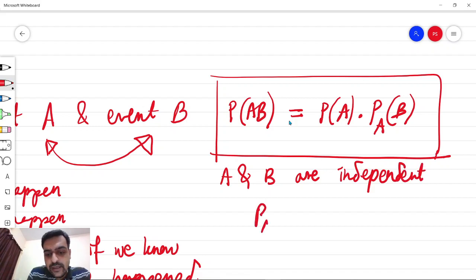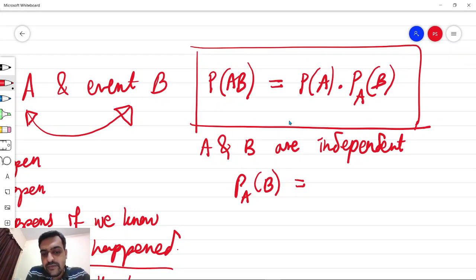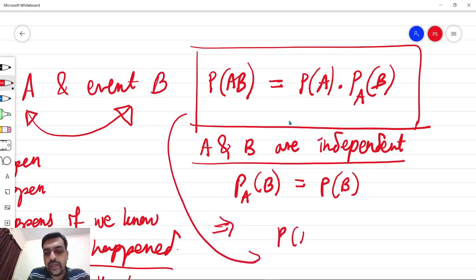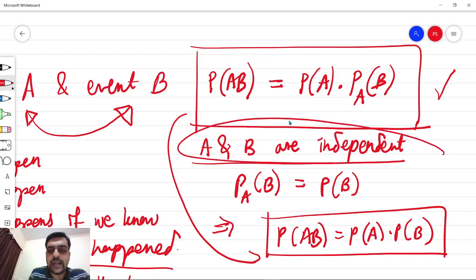In that case, P of B is not affected at all by the happening of event A. So in such case, when A and B are independent, P of B with subscript A is same as just P of B. In that case, this equation gets simplified to P of AB equal to P of A into P of B. So this is the modified version of the first theorem in the case when events A and B are independent. So this is called as first theorem of probability.